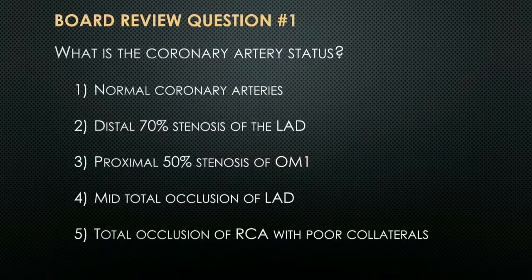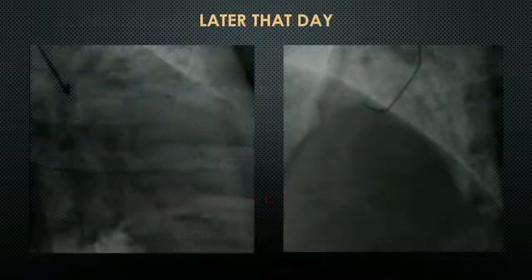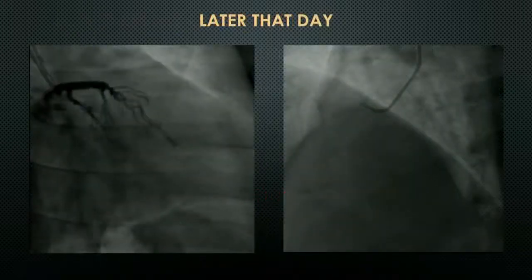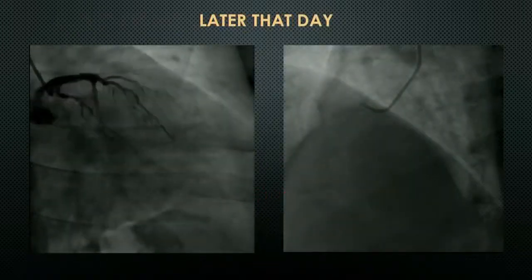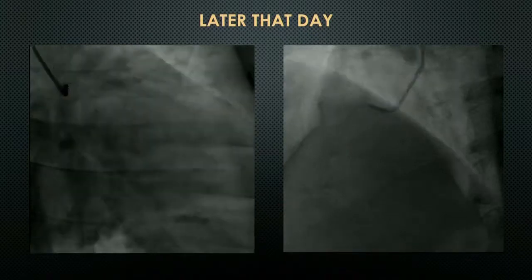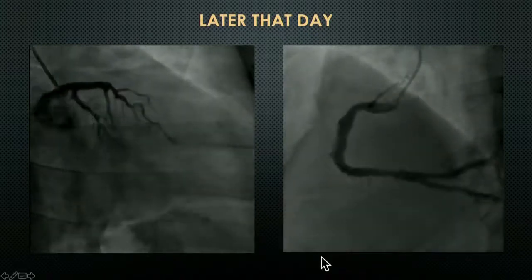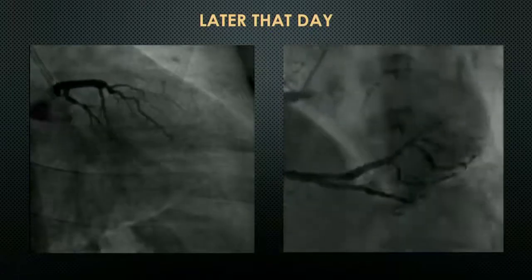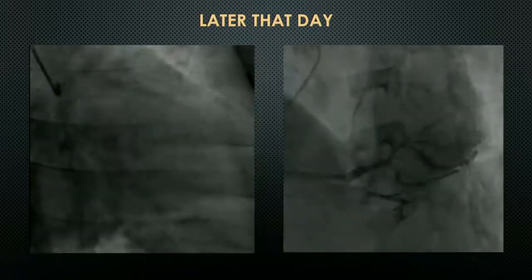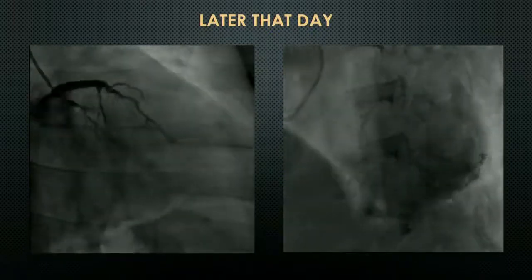So a 70% distal lesion could account for his apical wall motion abnormality, but things are starting to happen a little bit more proximally to that. And indeed, on catheterization, we can see that he lacks an LAD. He also seems to lack an RCA, a circumflex, but he is a very right dominant, and you can see the LAD ghosting in there with some collaterals.